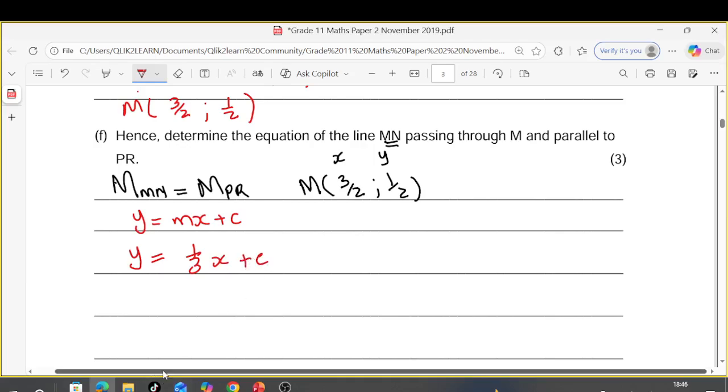So I need to substitute the coordinate of M. Where there's x, we put 3/2, and where there's y, we put 1/2. So this will be 1/2 = 1/3 (3/2) + c. Why? We are trying to find the value of c.